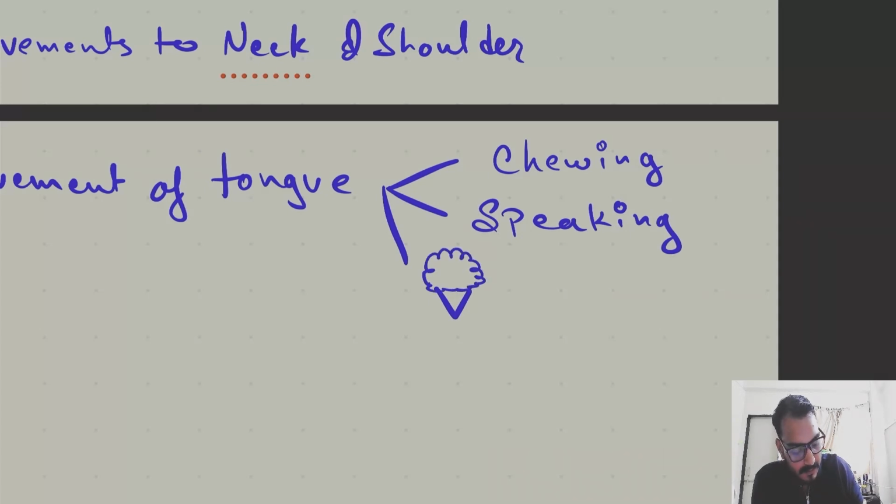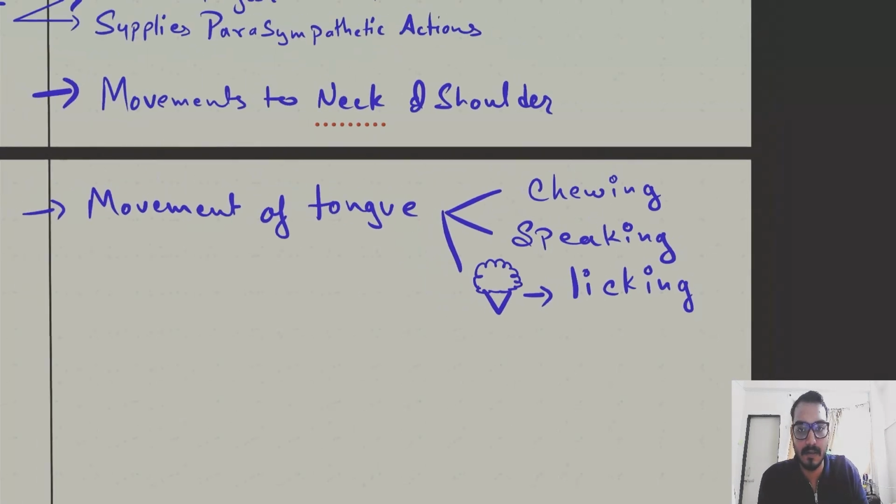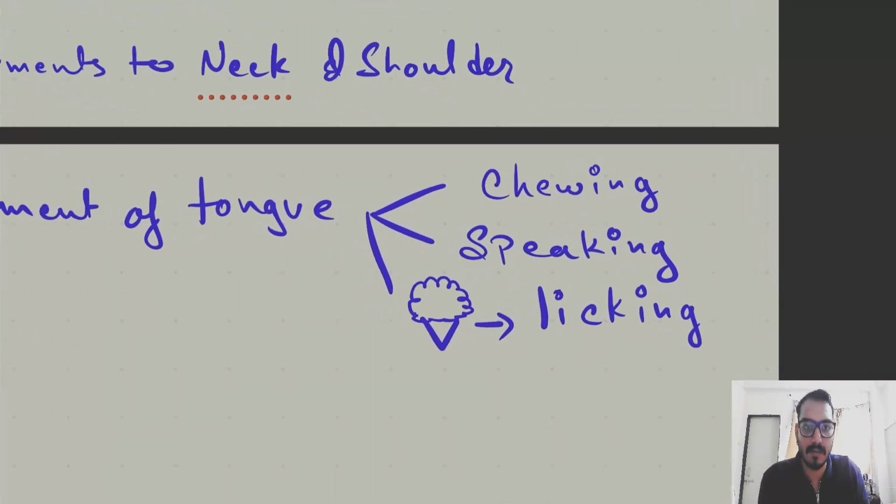Ice cream. What do you do to the ice cream? You lick the ice cream. So licking. The movement of the tongue is helpful for chewing, speaking, and licking.